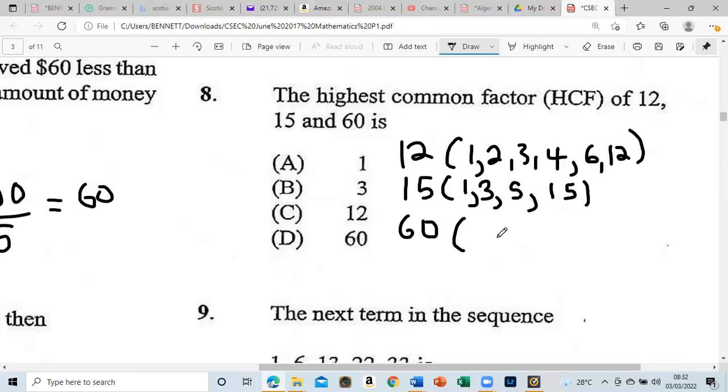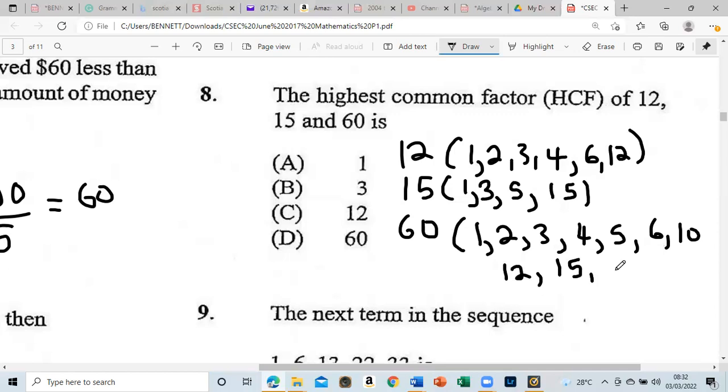That's 1, 2, 3, 4, 5, 6, 10, 12, 15, 20, 30, and 60. So now we're going to look for the highest number that is in all three.